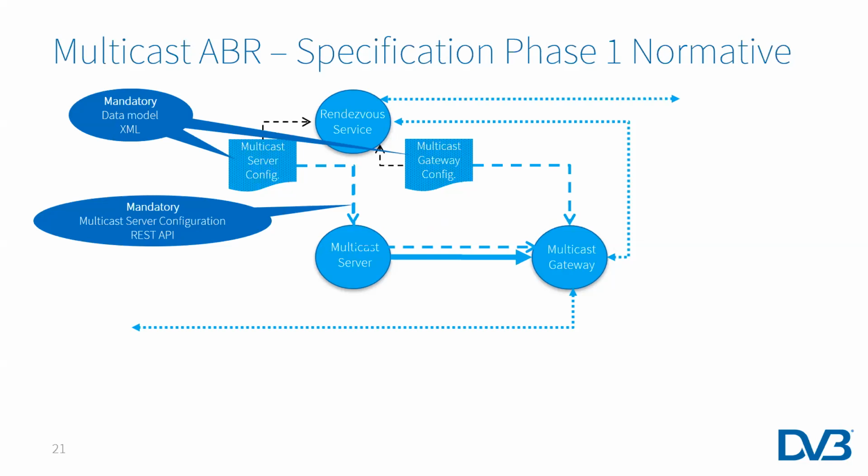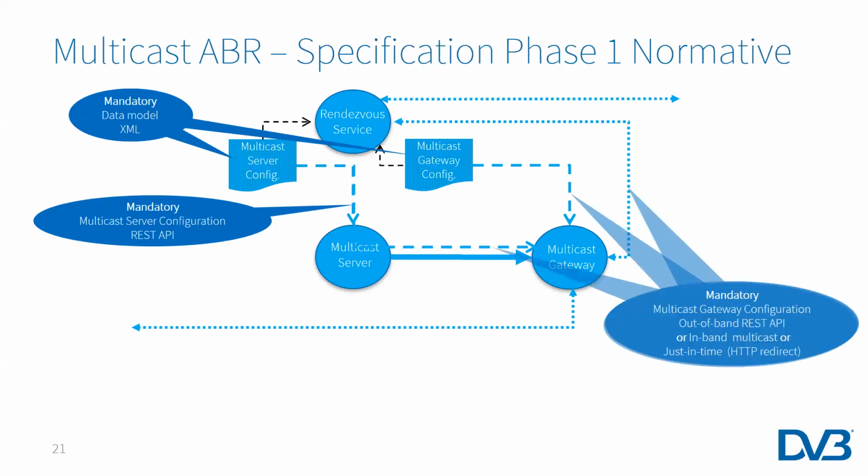It's a simple REST API, but it's important to have a well-known means to configure the multicast server. Then we have standardized the way to configure the multicast gateway. Again, we have three different methods: an out-of-band REST API, an in-band multicast method that goes through and controls the multicast server, and a just-in-time configuration method using HTTP redirect, which I already explained and showed an example of.